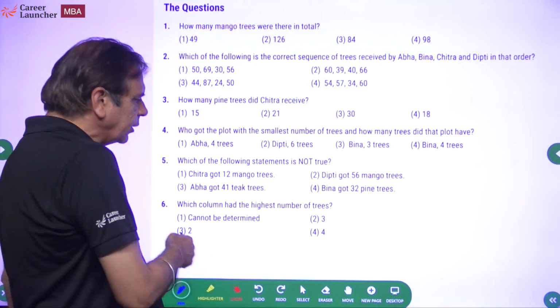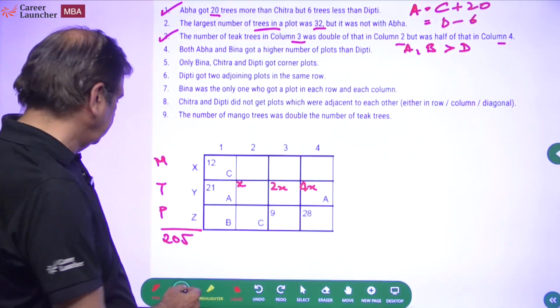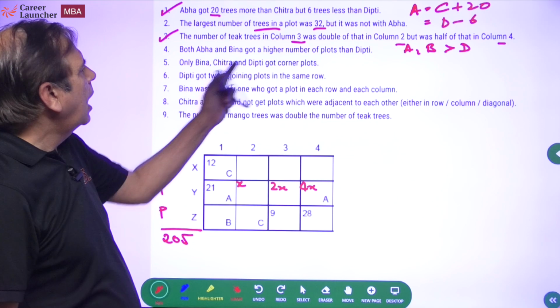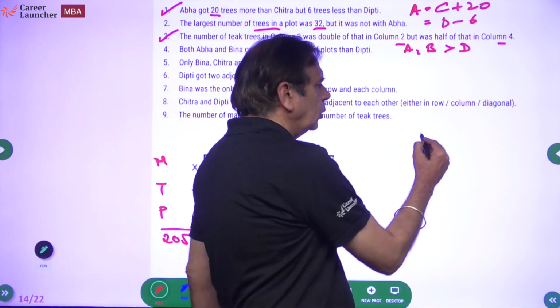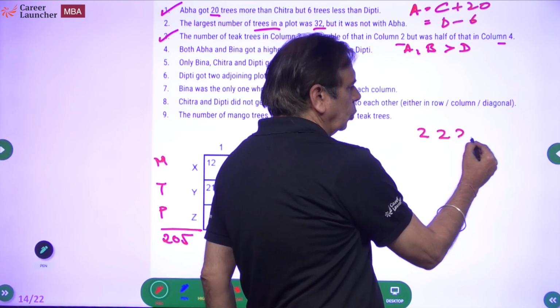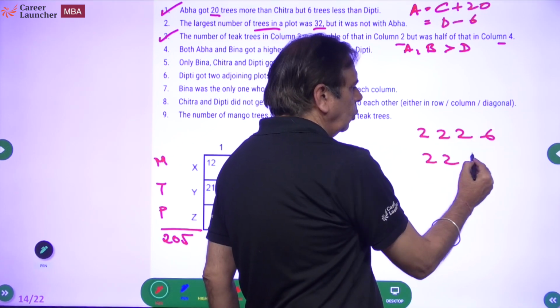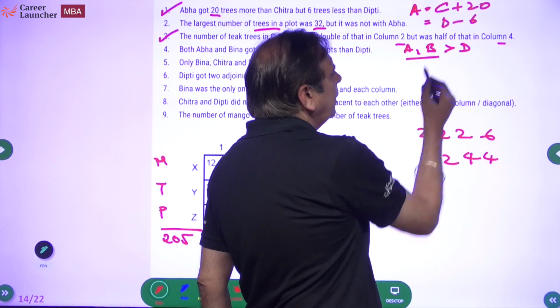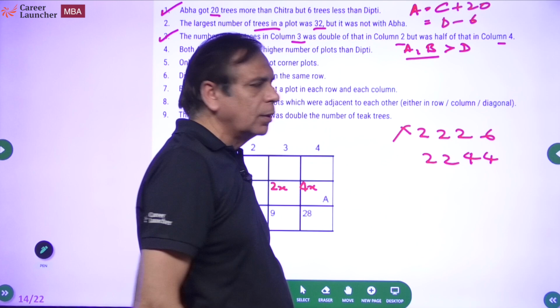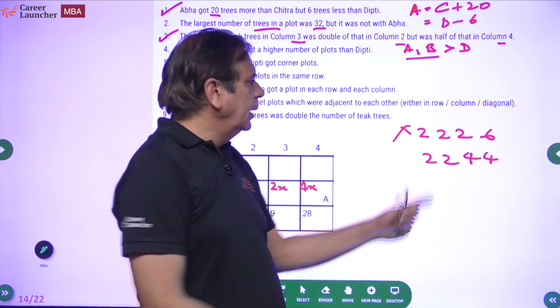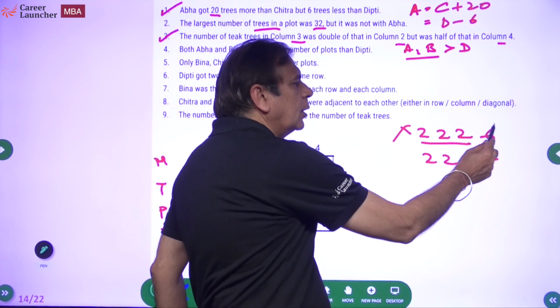Now let's come to this particular statement. Abha and Veena got higher plots than Deepti. What are the 2 cases which we are talking about? It could be 2, 2, 2, 6 or 2, 2, 4, 4. If Abha and Veena have to get a higher number of plots as compared to Deepti, the first case is not possible, because in this case 3 are getting the same number of plots and 1 is getting higher.